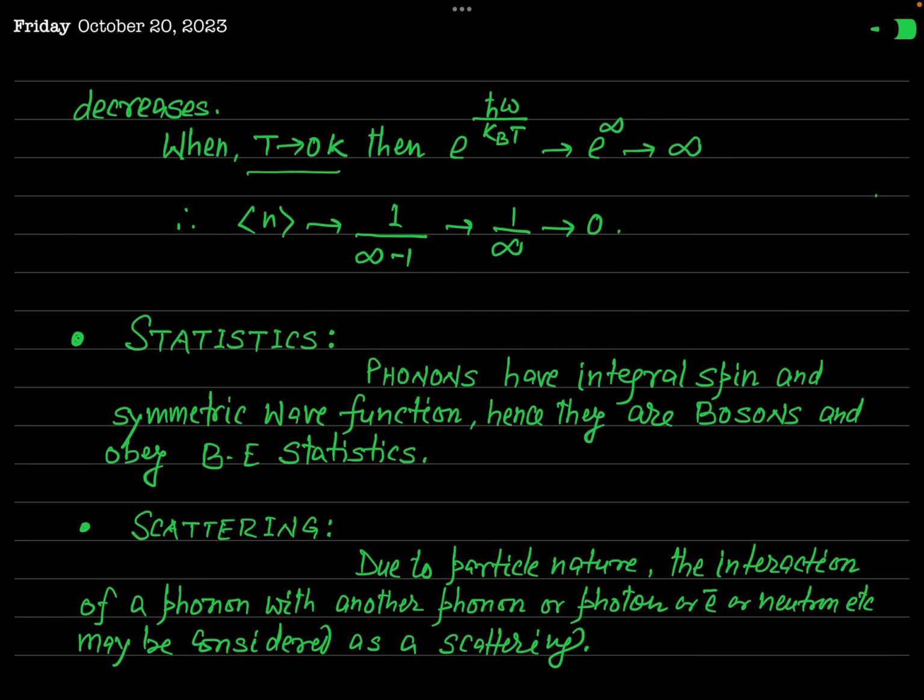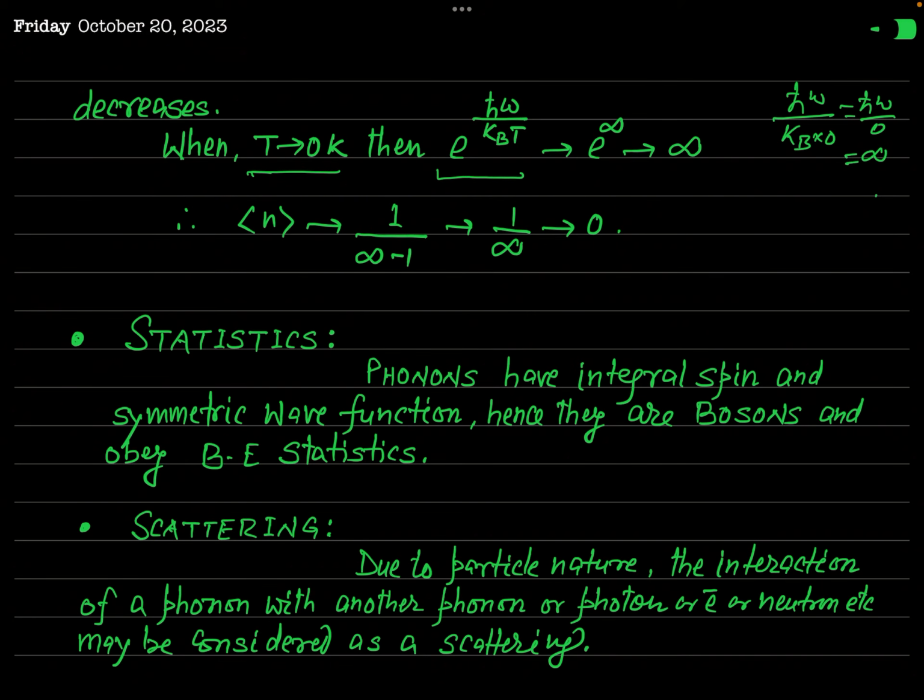If the temperature is tending towards 0 Kelvin, then what will happen? You know, this exponential factor e to the power h bar omega divided by kB times T, what will this be? Since T is 0, so h bar omega divided by kB into 0, that will be h bar omega divided by 0, and that will be undefined, infinity.